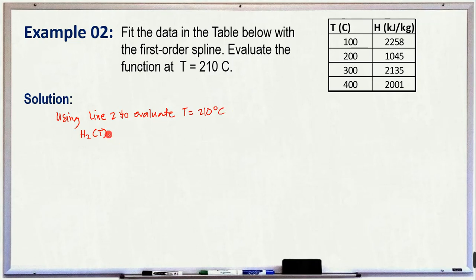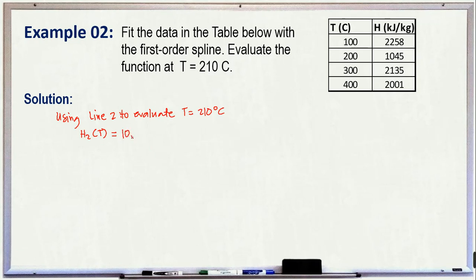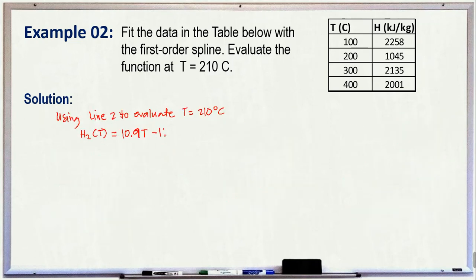So this is h2 of t is equals to, so going back sa ato previous slide, h2 of t is 10.9 t minus 1135.